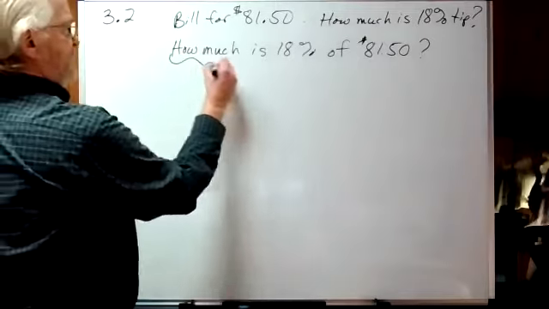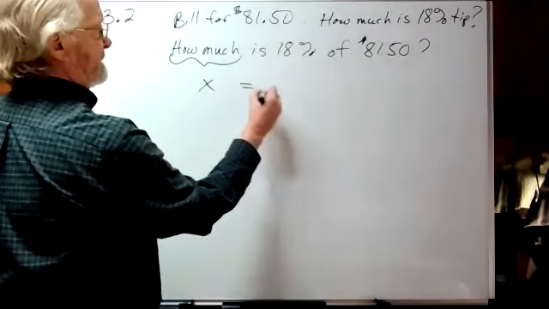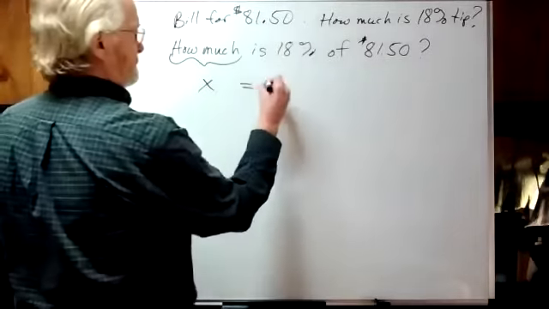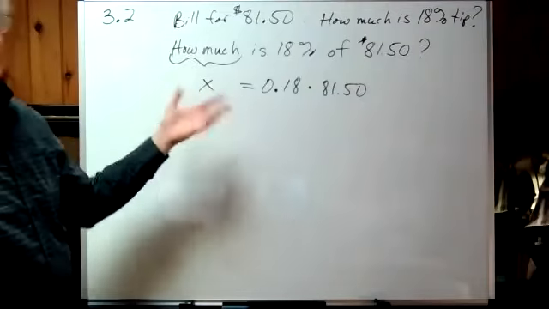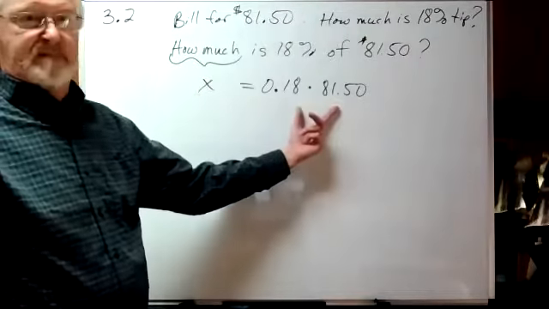How much is what I'm looking for. How much is 18%? Convert to decimal, times 81.50. This shape's always kind of nice because the variable's already alone over here. All I've got to do is the calculation.